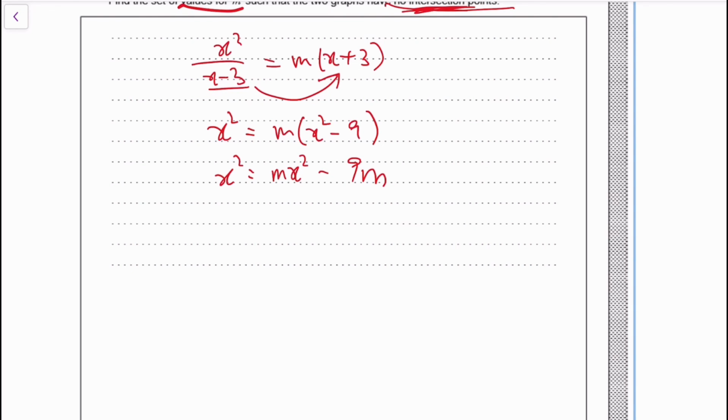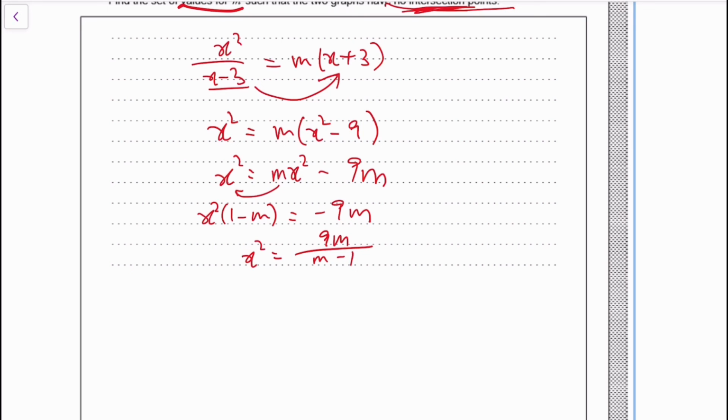So what do we got? We minus that there. So it's x squared times 1 minus m equal to minus 9m. So we really divide it over, for the negative, we'll flip the 1 minus m instead of writing negative, so it becomes m minus 1.